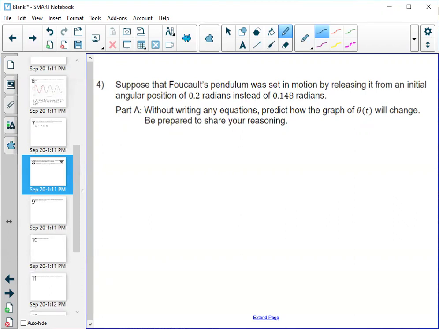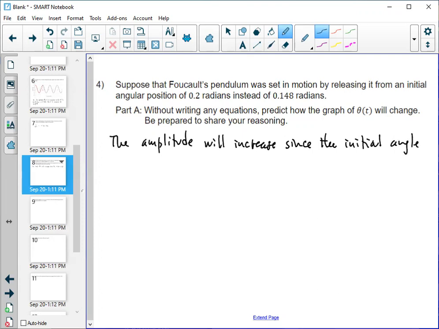So, let's write some of this down. The amplitude will increase since the initial angle from which the pendulum is released increases.